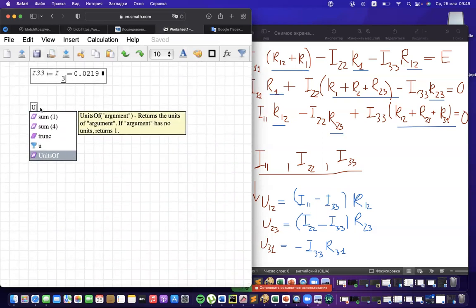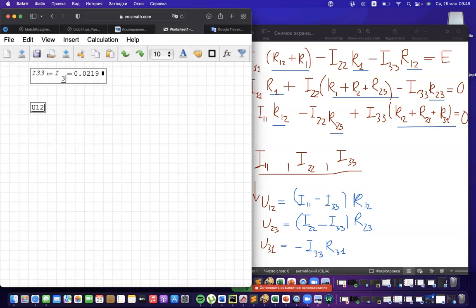And substituting voltages into these formulas, we get V12 equals, as we wrote, I11 minus I33 on R12, 16 volts.